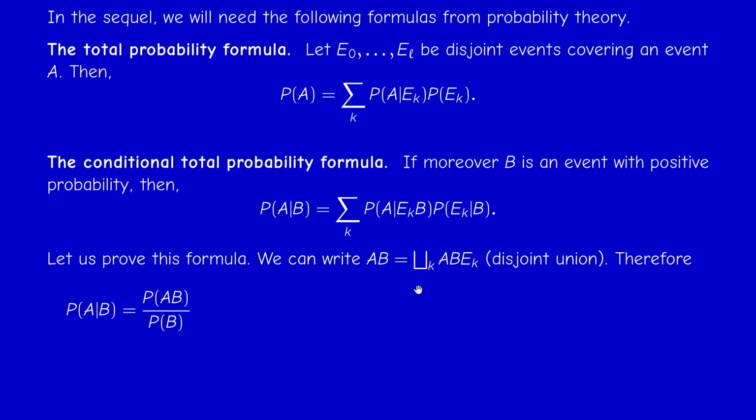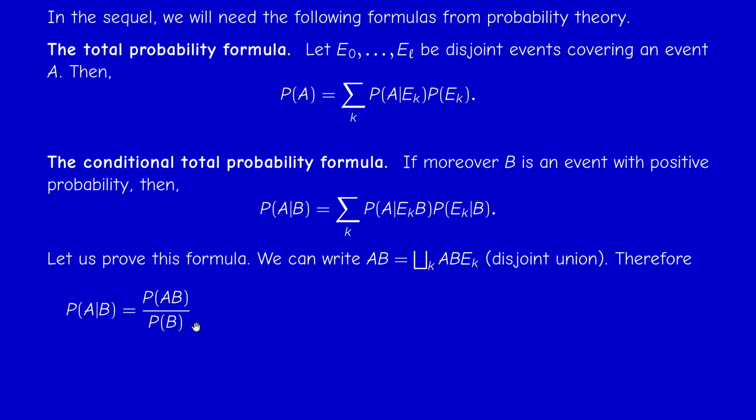So we know that the union of EK contains A, right? So when I do the intersection with B, I get this. So AB is the disjoint union, this is the symbol for the disjoint union, because the EK are disjoint, of the events AB, EK.